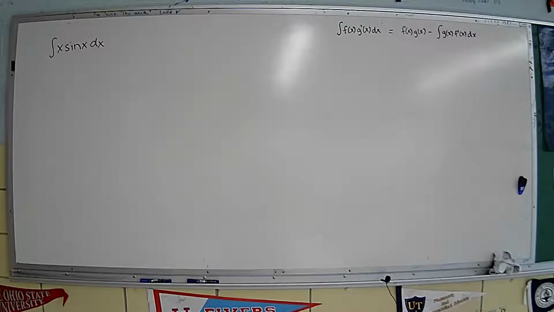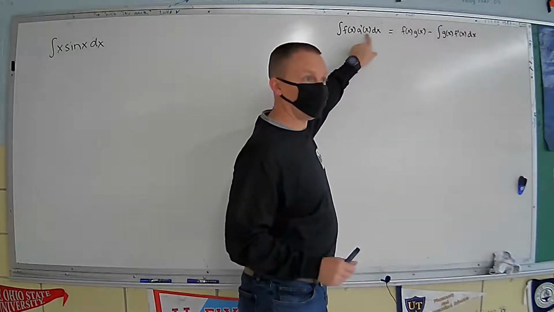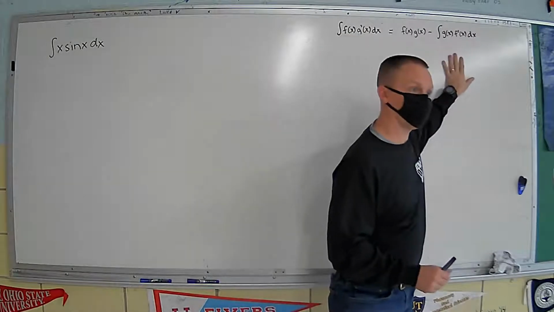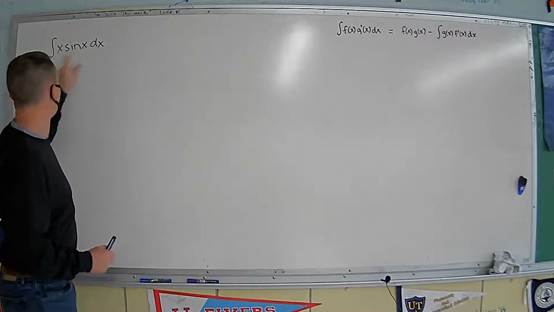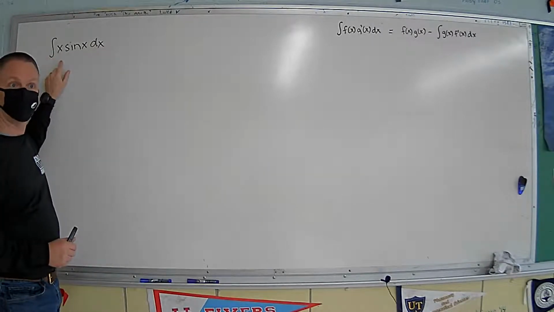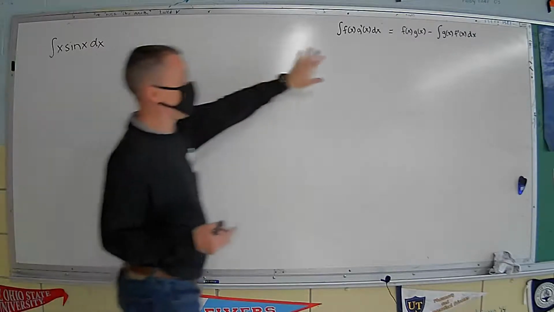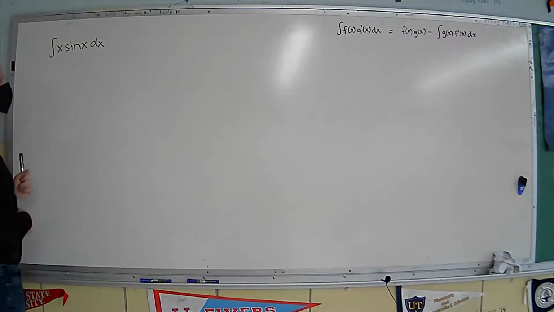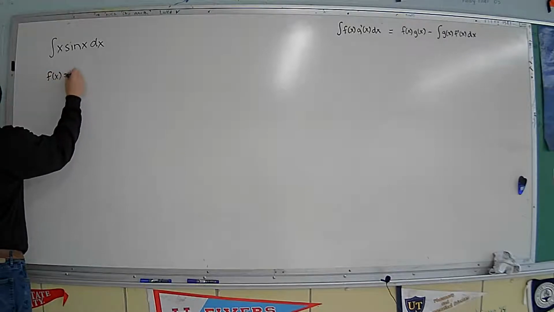We're going to treat one of those as a derivative and one of those as a function, and then apply this formula. I'm going to pretend that one of these functions here is g prime, and the other one is f. We have to figure out which one's going to be which. Okay? So I'll just tell you for this one, f's going to be x.